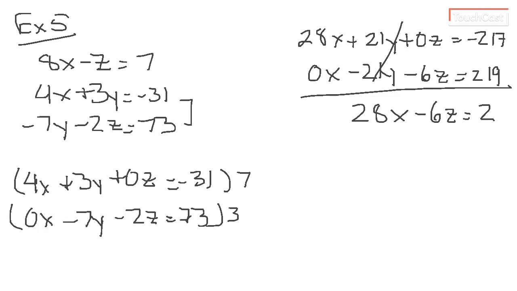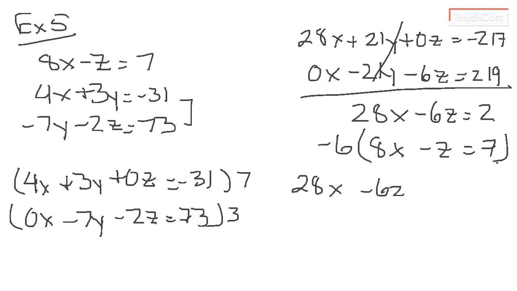Since this equation and the first one are in terms of x and z, we can utilize those two equations now to figure out our x and z terms. So I'm going to multiply this second equation, which is my original first equation, by negative 6. So let's rewrite this. We've got 28x minus 6z equals 2.